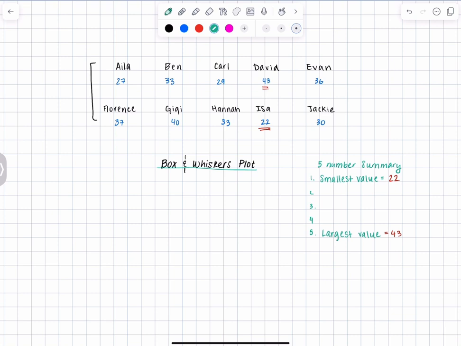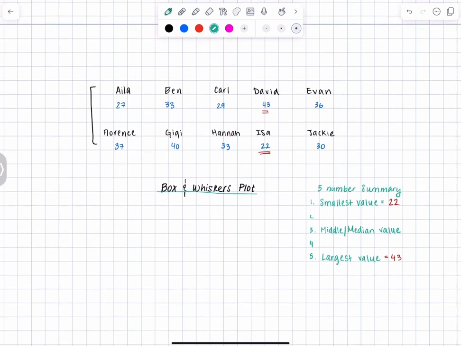Let's go to the third one. The third one is the middle value or the median value. The median is another word for middle. So when you organize the whole thing in a list in numerical order, it would be 22 is the smallest number.